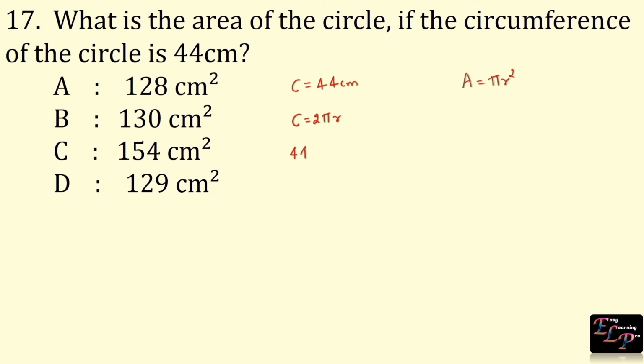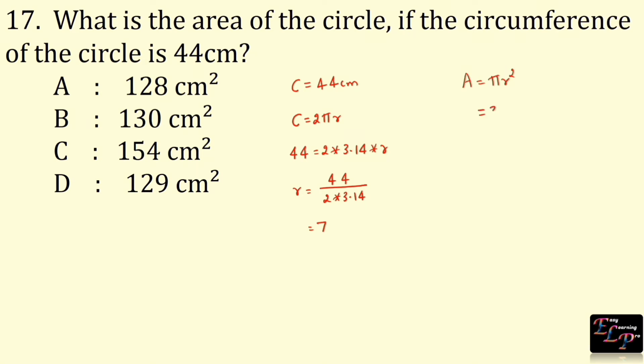44 is equal to 2 into pi 3.14 into r. So r will be 44 divided by 2 into 3.14, which is equal to 7. Now we will find area.